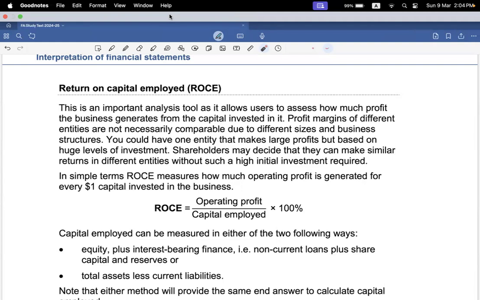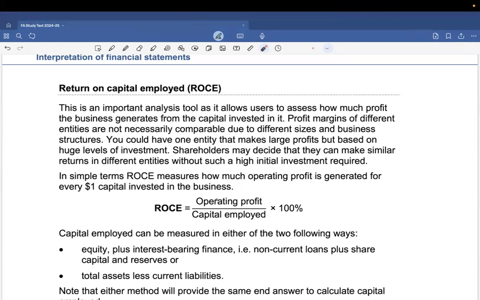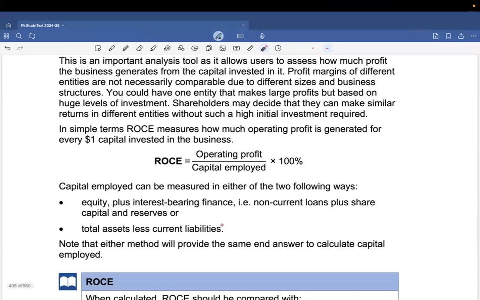So if you take the equation directly, you get the ROCE. ROCE basically takes into account how much the shareholder gets for all the funds invested in the company. So the higher the ROCE, the better for the shareholder.